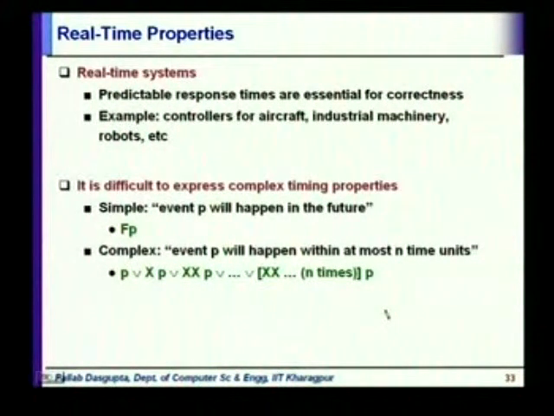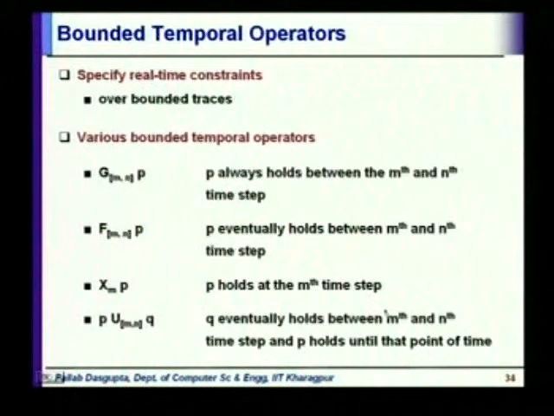So what we do is we annotate all our temporal operators with time bounds. This is called the real time extension of the operators. So G m,n P says that P always holds between the mth and nth time step, in all states between the mth and nth time step.